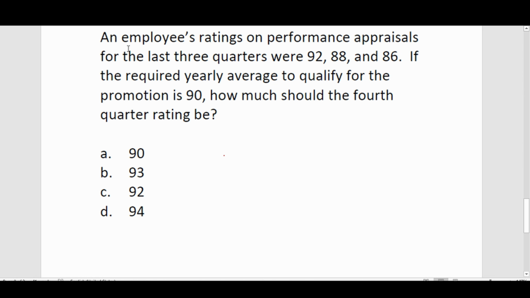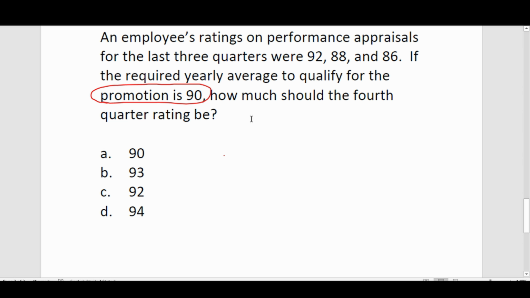So this one says, an employee's ratings on performance appraisals for the last 3 quarters were 92, 88, and 86. If the required yearly average to qualify for the promotion is 90, how much should the 4th quarter rating be? So in this case, we're told what the average needs to be.